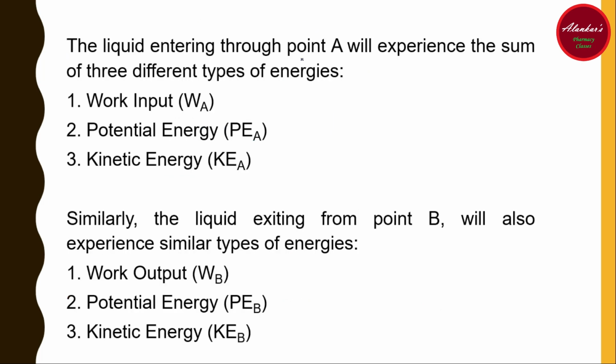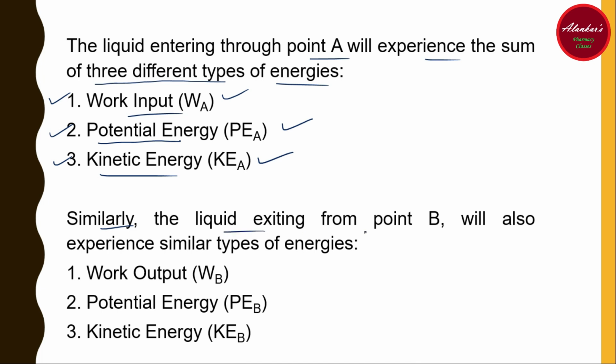Now the liquid entering through point A will experience the sum of three different types of energies. The first type is the work input, represented here by WA. Then there is the potential energy, represented by PEA, and the third type is kinetic energy, KEA.